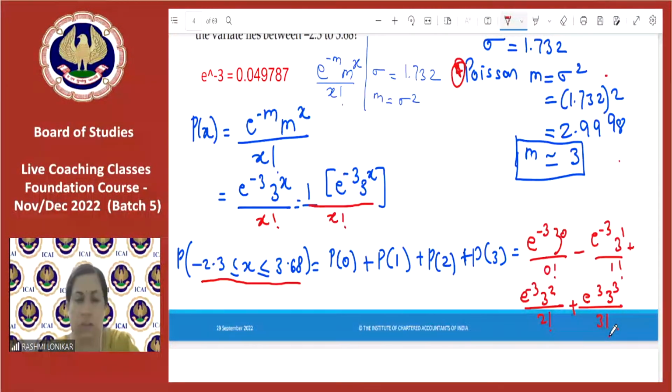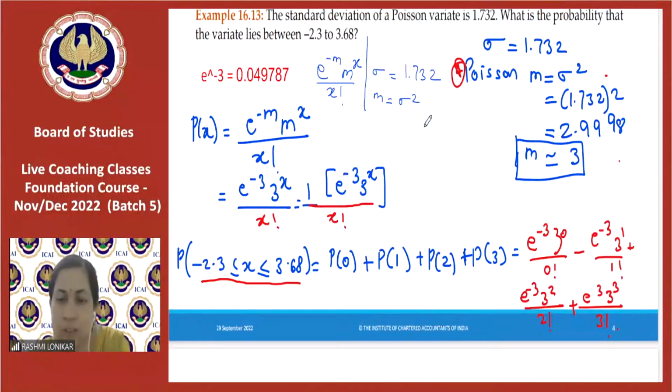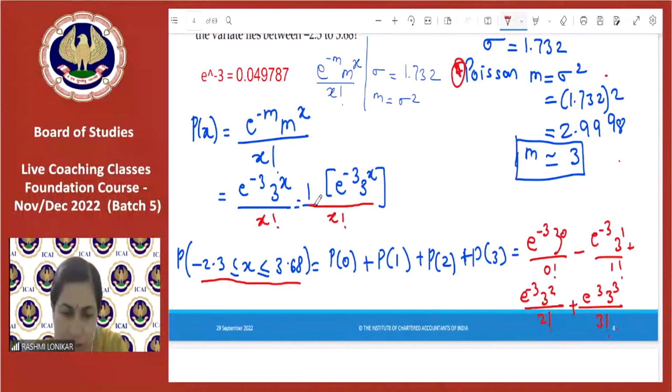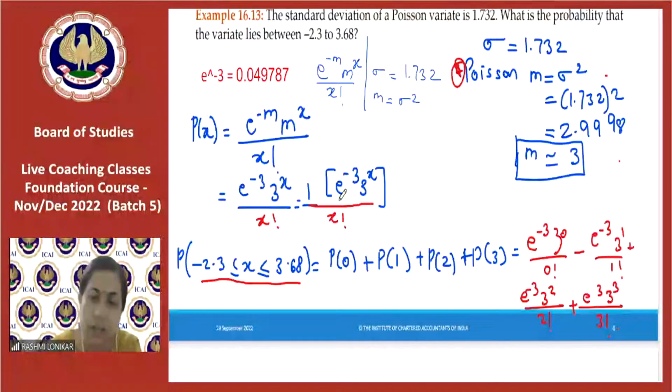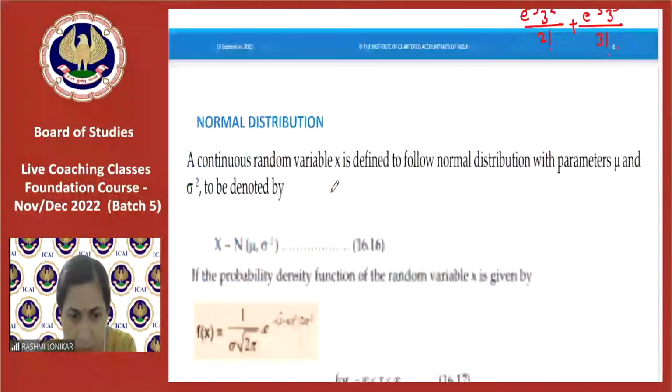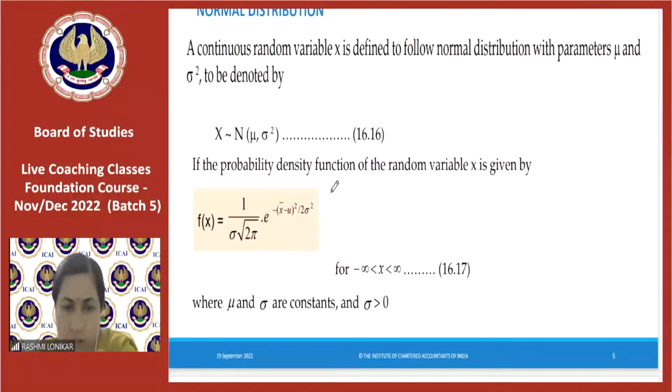Thank you, Zeba. So you will be solving it in this manner. Then you just have to substitute; e raised to minus 3 is already given to you as 0.0497, and you can substitute and find out the value. Now coming to normal distribution.